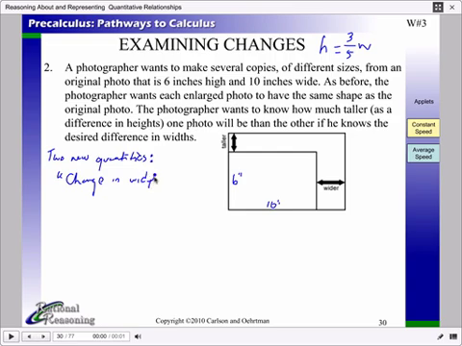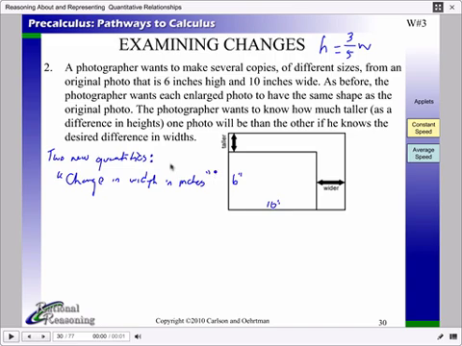So an increase or decrease, a change in width in inches. So rather than it being an actual width of a photo, we had a photo and we either made it wider or made it less wide. How much did we increase or decrease the width by? That's a different quantity than the actual width of a photo.